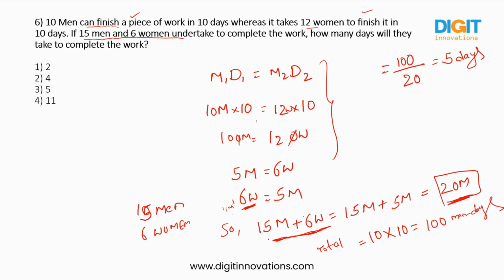So the work done by 15 men plus 6 women is equal to 20 men. Okay, now we need to find the total work. We got to know the total work is 100 and we have 20 men. So using these 20 men, how many days will they require to complete those 100 units? 100 by 20 will be 5 days.